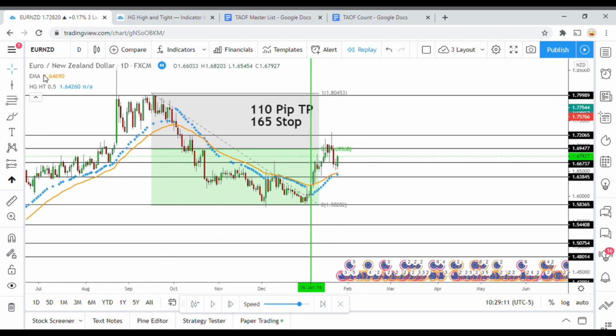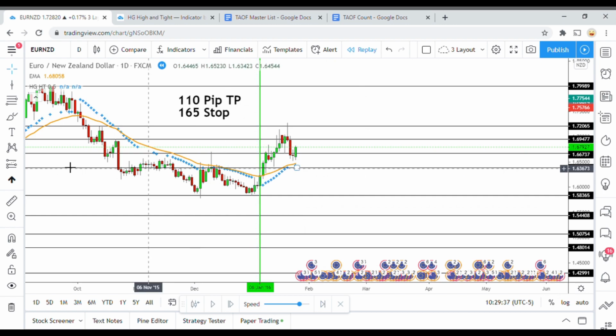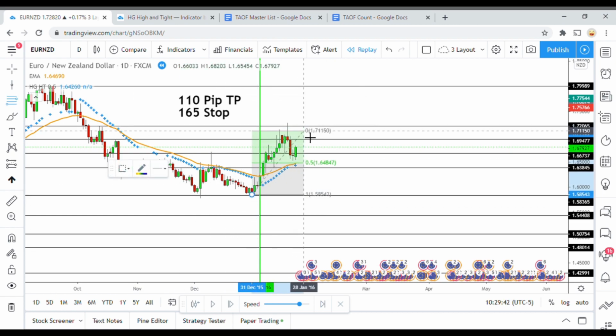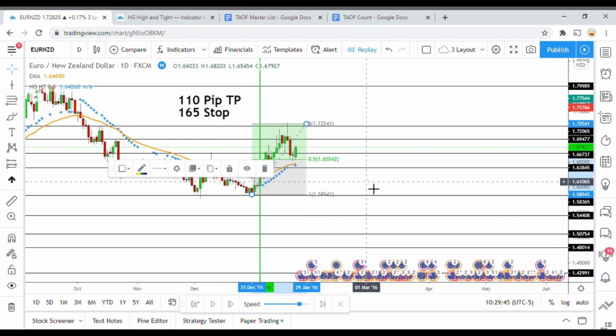On a lower time frame, say you drew this off of a daily, that would have gotten you a really decent trade. If you got it top to bottom, that would have been about a 300 pip trade at the 50% retracement, and then letting it come back down. You could then draw a 50% retracement off of this low to this high here.